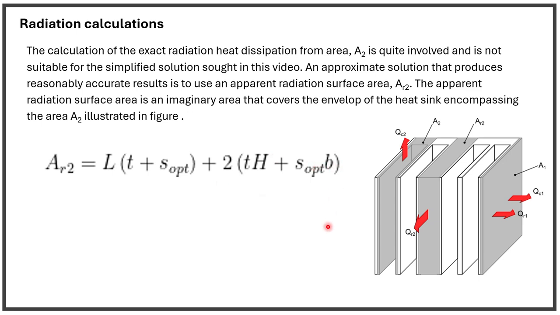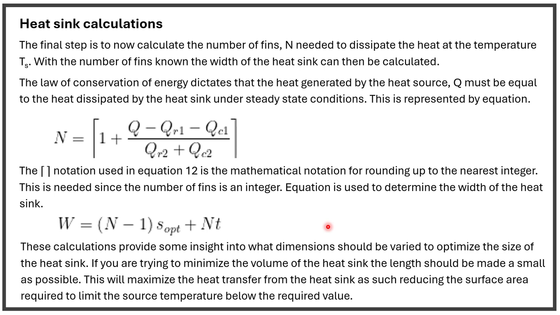So this can be easily obtained with this calculation. The final step is to calculate the number of pins, and we can calculate the number of pins with this formula, where N needs to dissipate heat at a temperature Ts. With the number of pins known, we can easily calculate the width with this formula.